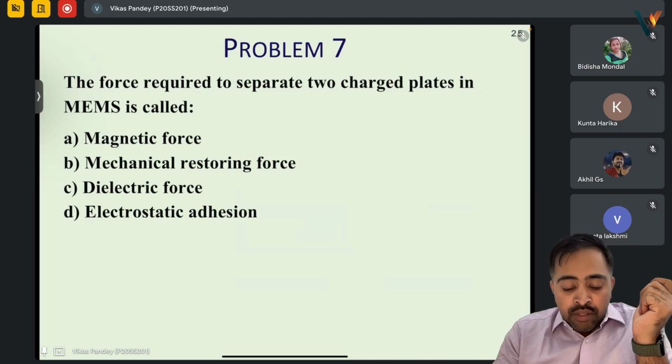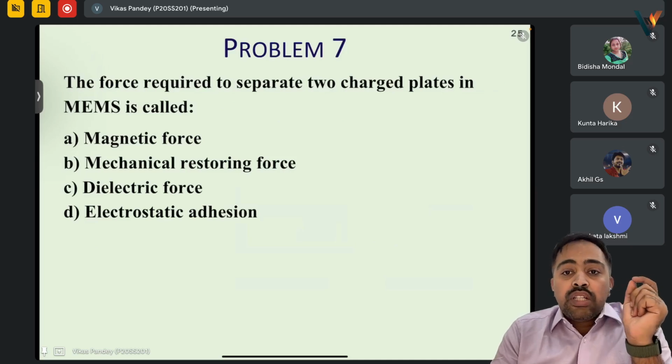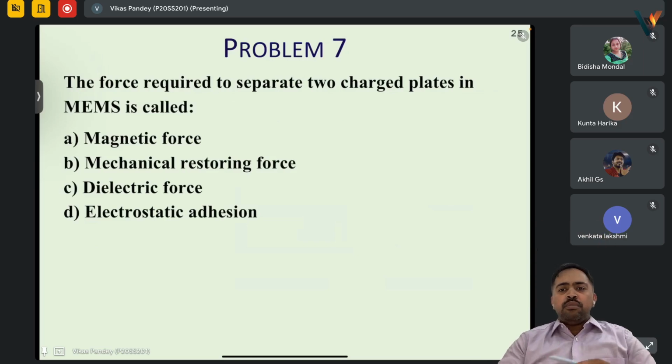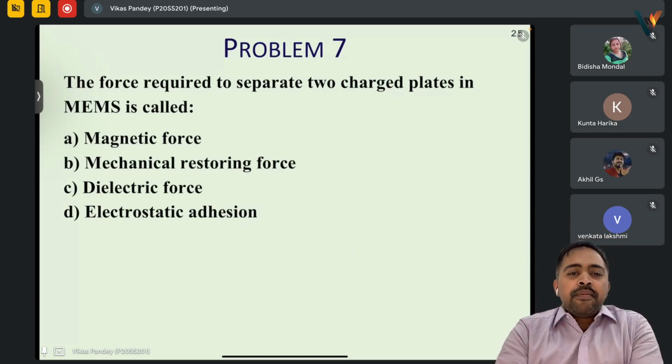Next is the force required to separate two charged plates in MEMS is called magnetic force, mechanical restoring force, dielectric force, or electrostatic adhesion. Anyone? From the name itself, you can guess.